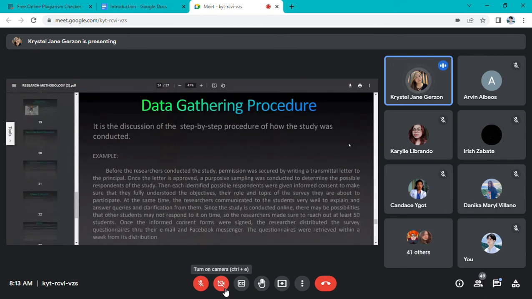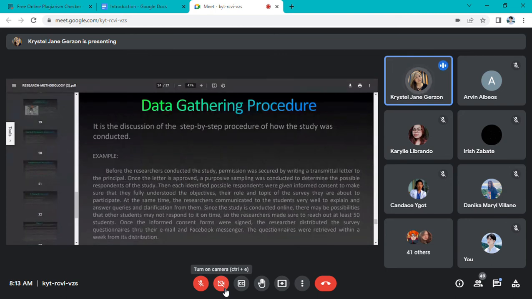This is for them to be informed of the goal and the method of the study, and if there are any inconveniences on their side, or any information about the research, they should know about that.